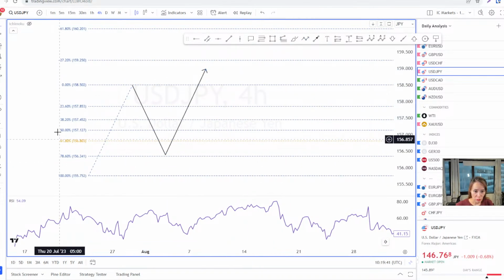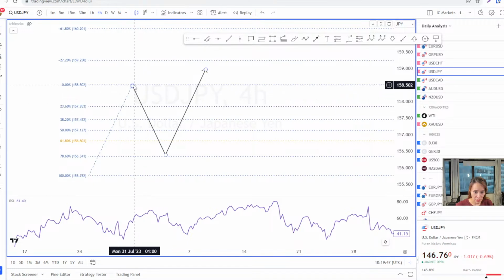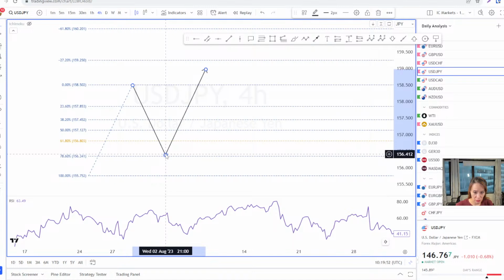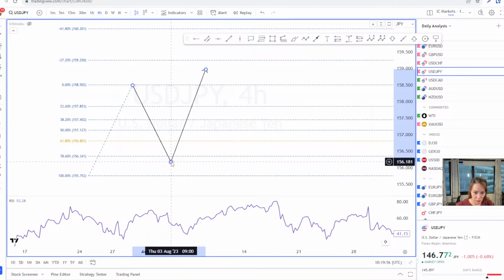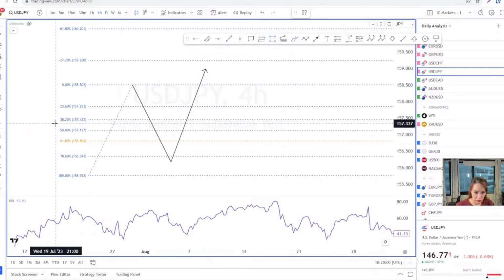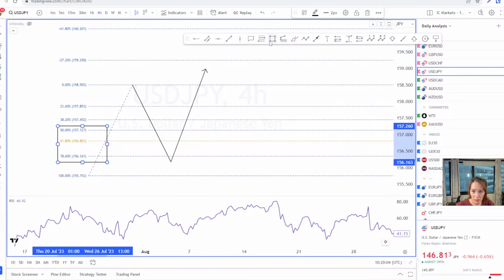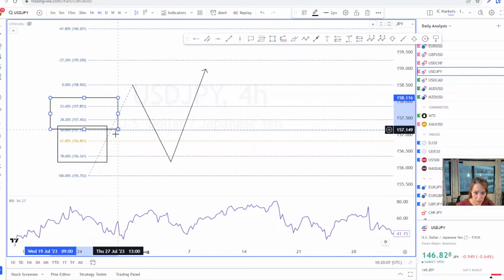So you want to buy at the discounted zone, at the discounted price. If you want to sell, this is the premium. For the buy position, this is the one, and this is the one, like that.